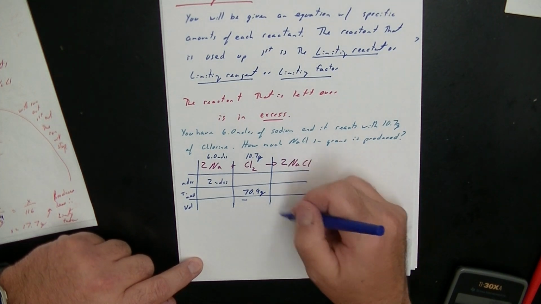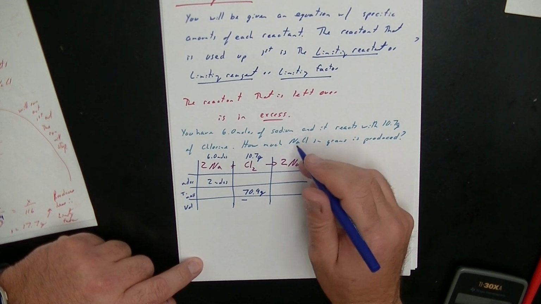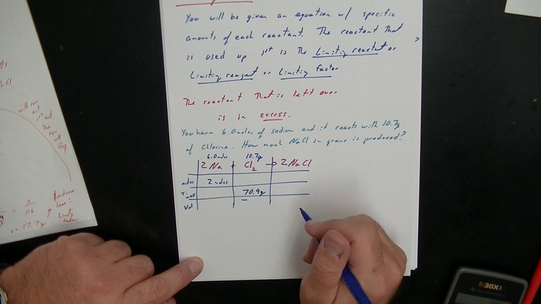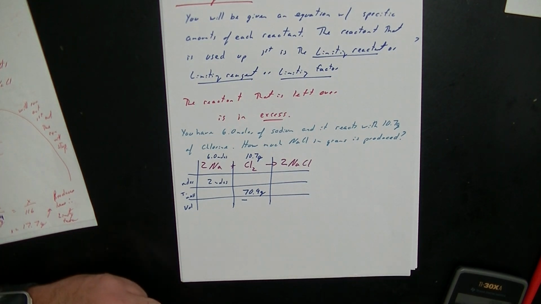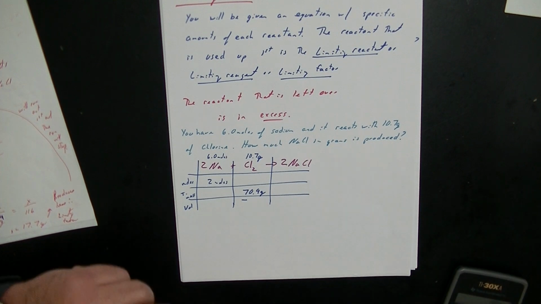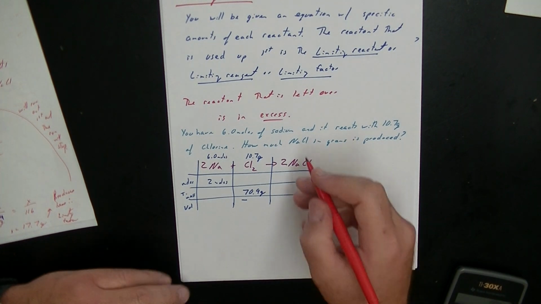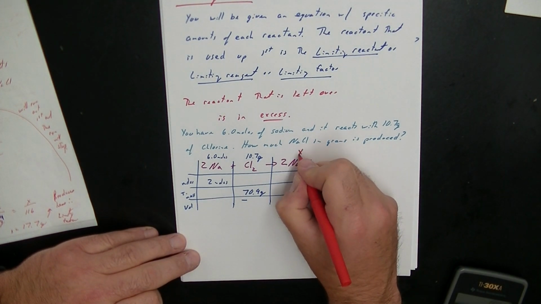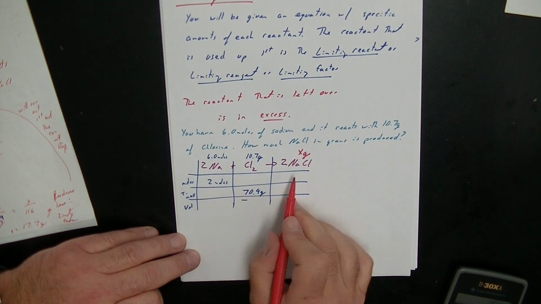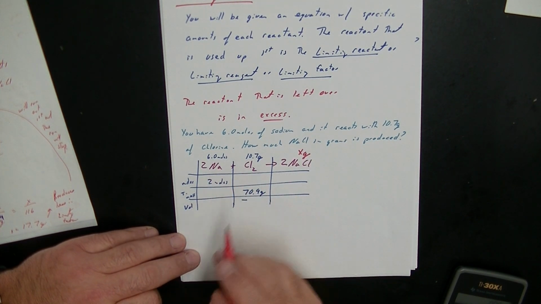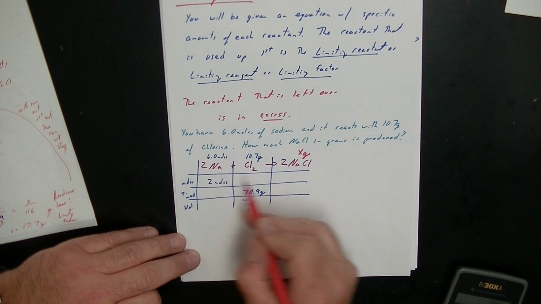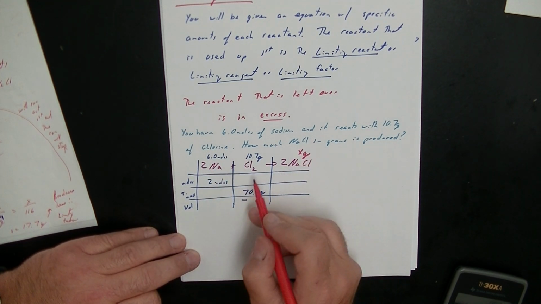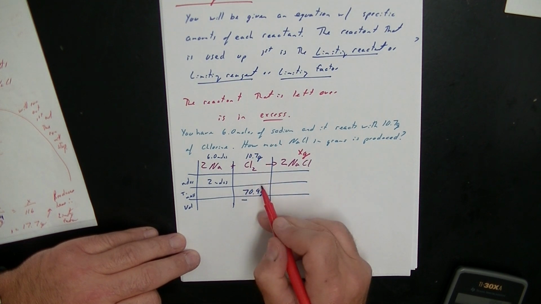Eventually, we really want to know how much NaCl can be produced. There's a couple ways that we can figure this out. The first way: let's set up 2 ratios because I want to know how much of this in grams is produced. One of these is a limiting factor. Let's use this one first to see how much is produced, and then use this one.